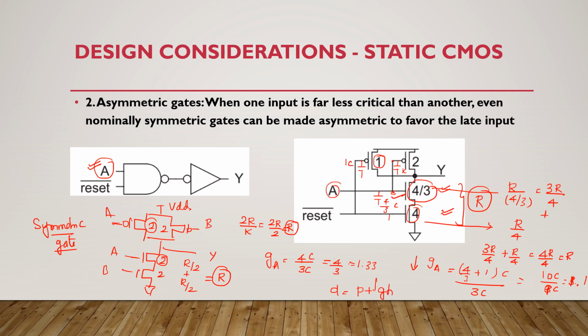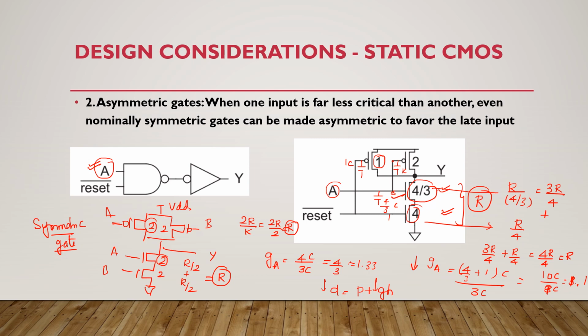If G is lesser, the delay will be lesser. If delay is lesser, the speed will be higher. That's why, if any one of the inputs is far less critical than the other, we can convert the symmetrical gate into an asymmetrical gate by choosing different widths, right? I hope everyone is clear about this.